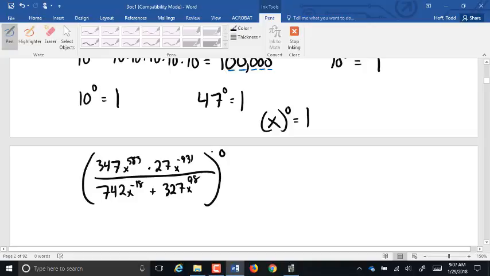What's that equal? 1. Why does it equal 1? Because the whole thing is to the power of 0. So everything that goes on in here doesn't matter. It's to the power of 0. It equals 1.